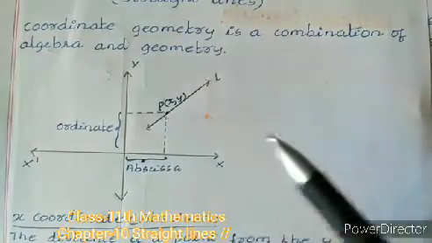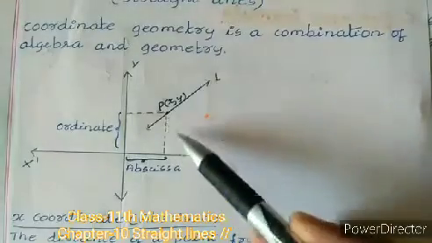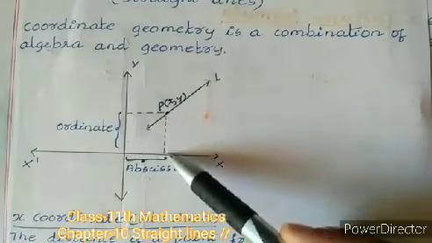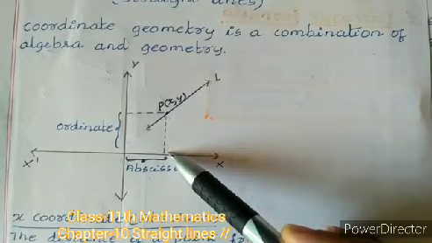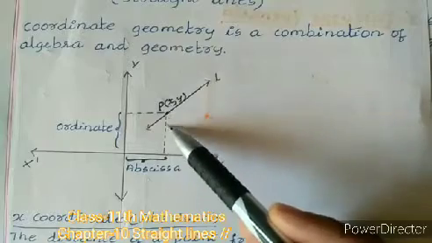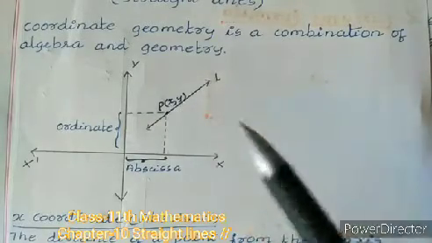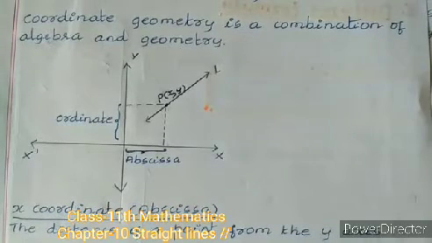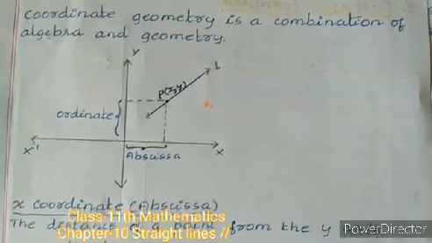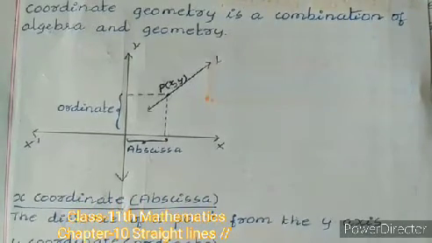In the same way, the distance of a point from the x-axis is known as the ordinate, and this is the y coordinate of the point. Like this, we can define any point with two coordinates on the 2D plane in coordinate geometry.